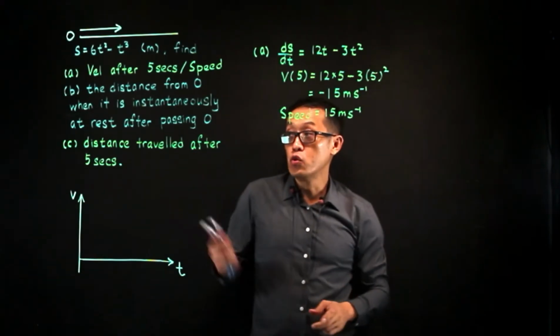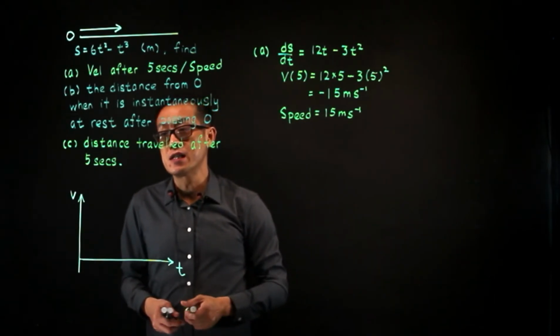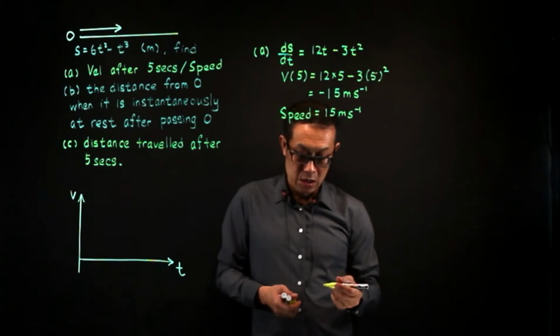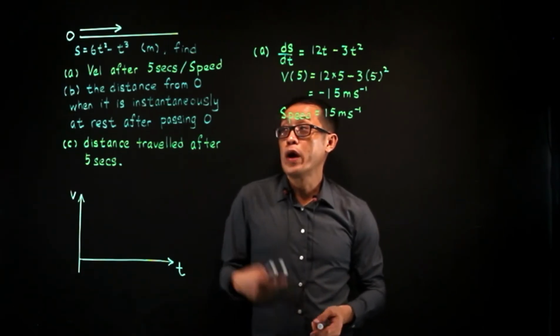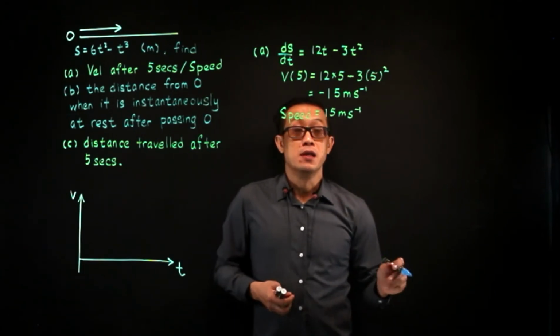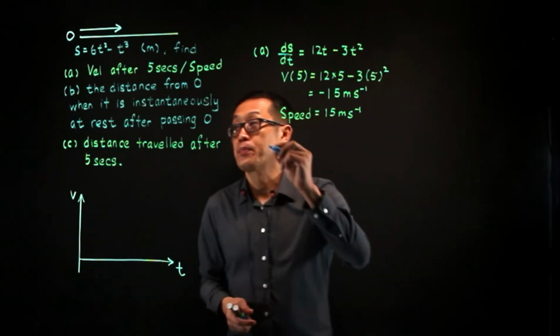Now let's move on to B. You are asked to find the distance from O when it is instantaneously at rest after passing O. Now let's find out when the object comes to an instantaneous rest. Instantaneous rest means the velocity is 0.